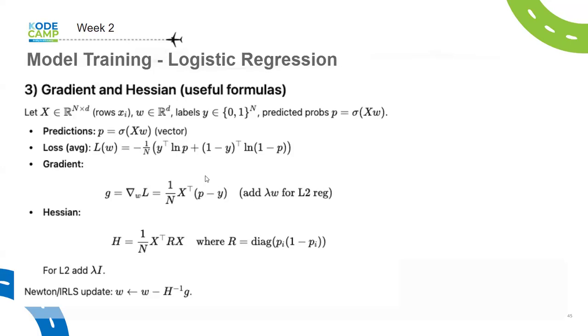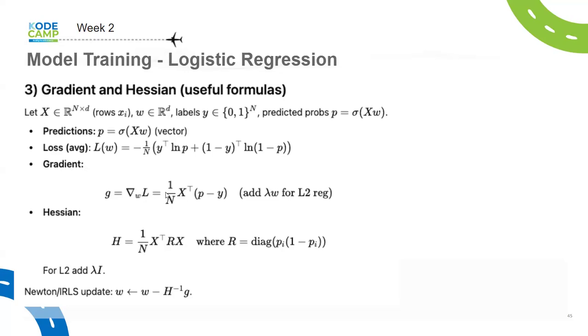You have loss based on this, which is the NLL, negative log likelihood, or binary cross entropy, BCE. But there's also the simple loss, basically the difference between the predicted value and the true value.